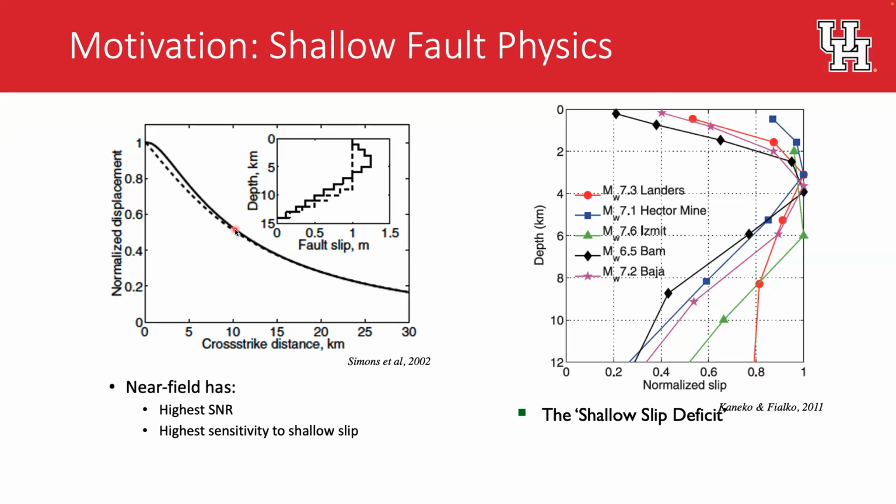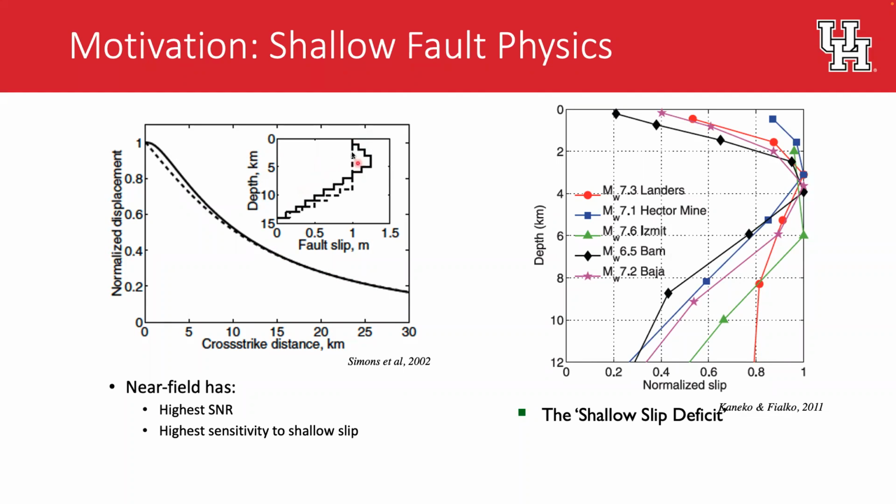Earthquake geodesists like to use GPS to look at displacement. Even though California has very tightly spaced GPS receivers, the best spacing even along the San Andreas is maybe 15 kilometers of fault separation. And so at that distance, you can't tell the difference between these two fault profiles.